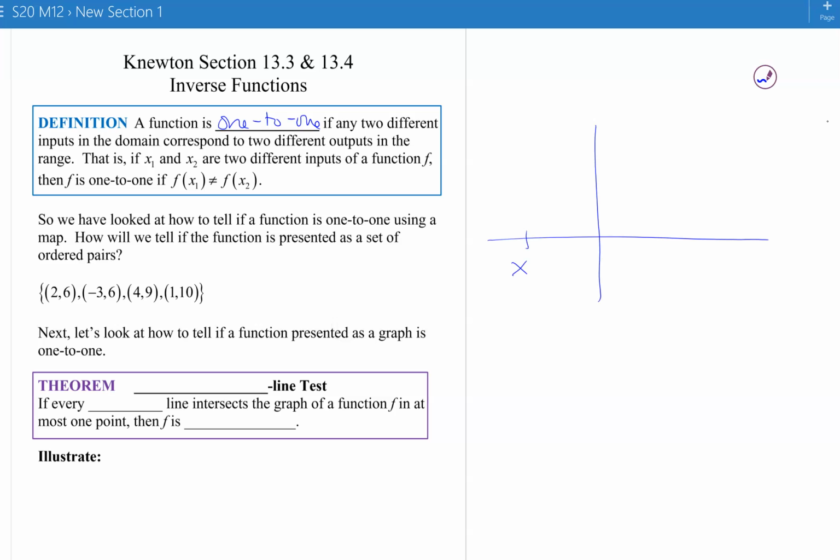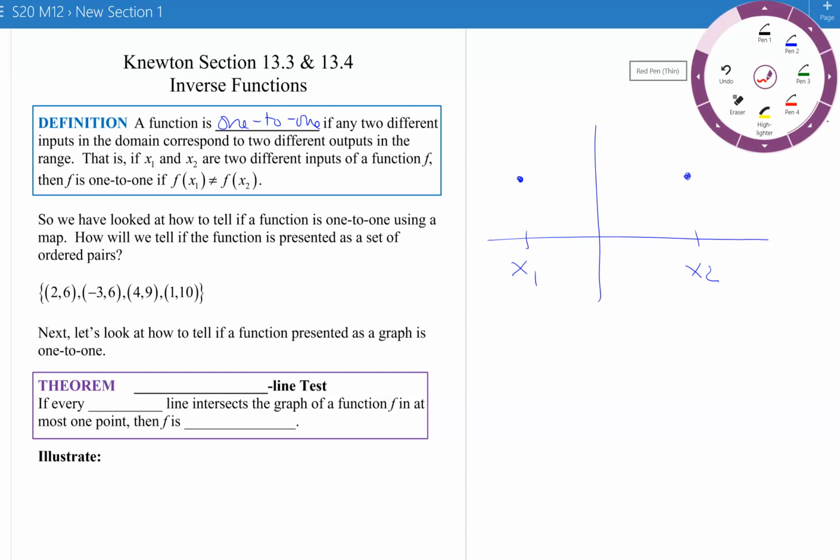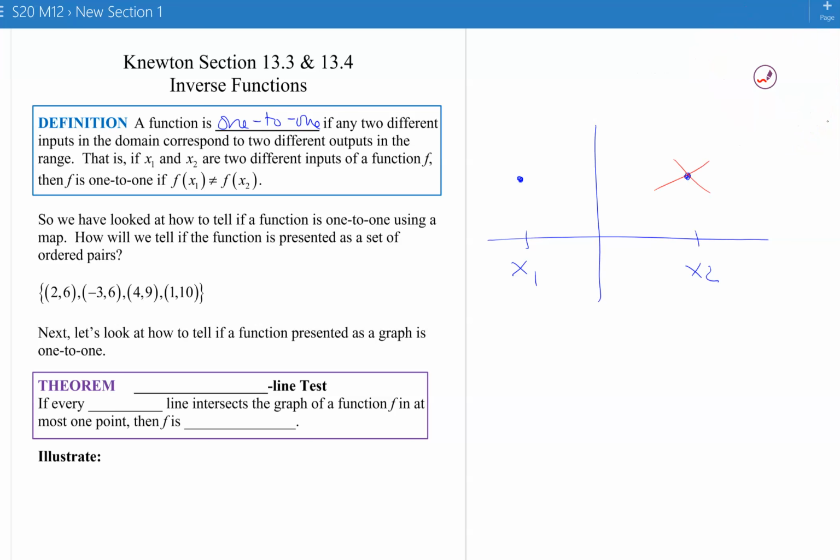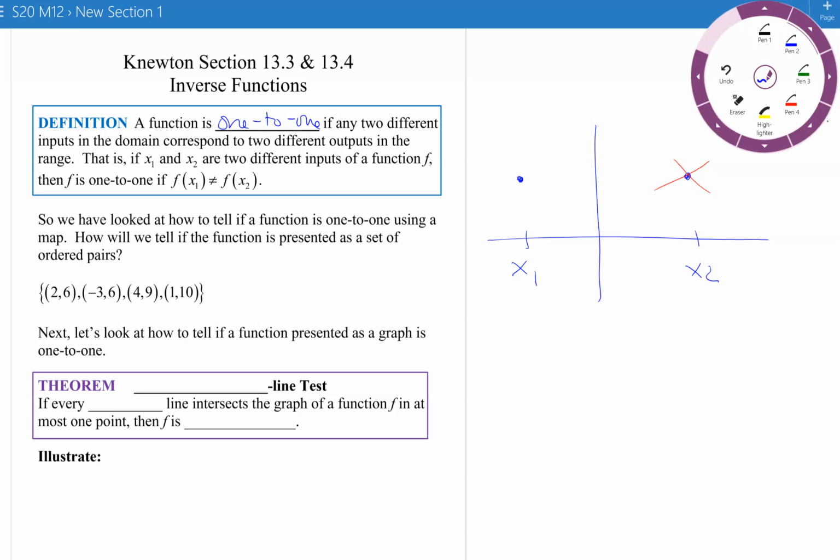So if x1 and x2 are two different inputs of a function, then you can't have f of x1 equaling f of x2, so they can't have the same y values, or you won't be one-to-one. So we looked at a visual way to tell if a function was one-to-one using a map, but what about some of the other ways?